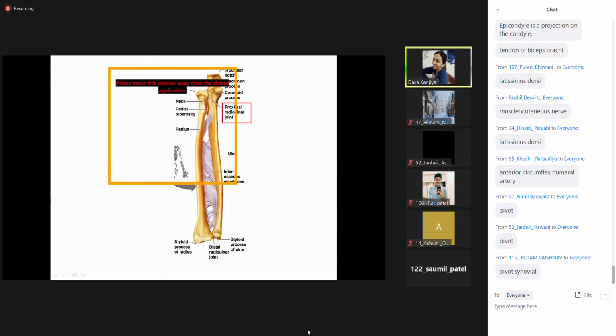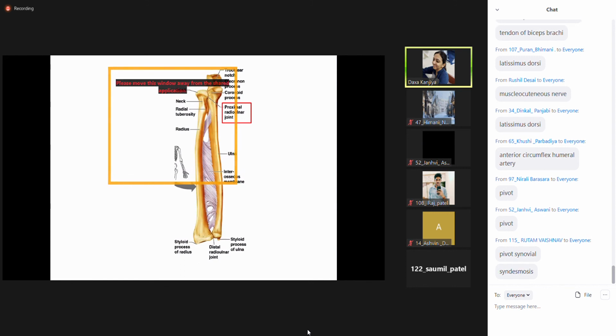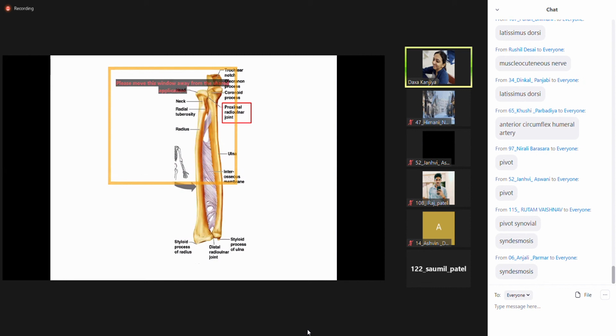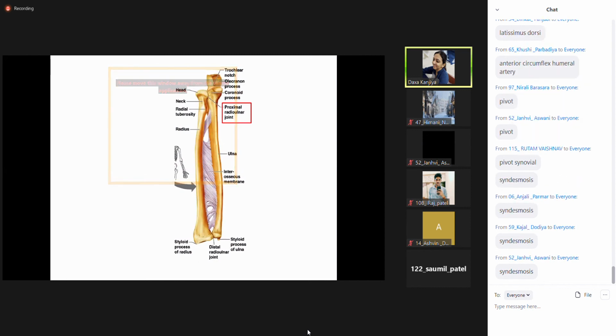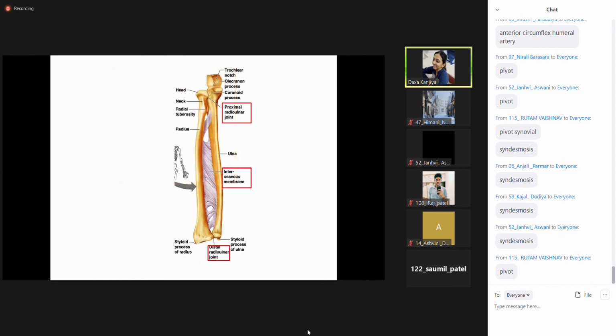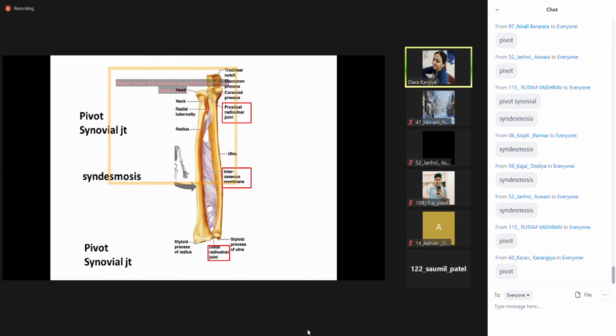Then the middle radioulnar joint: syndesmosis type. And the inferior? So here you can see the three radioulnar joints.